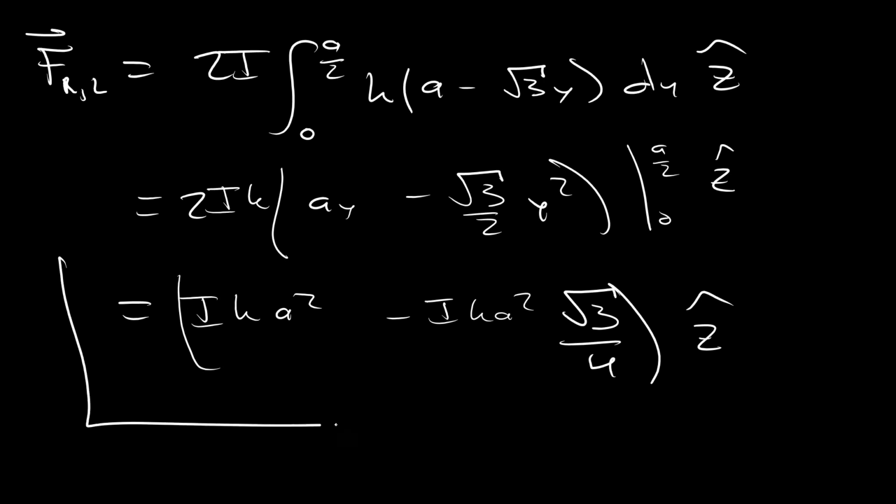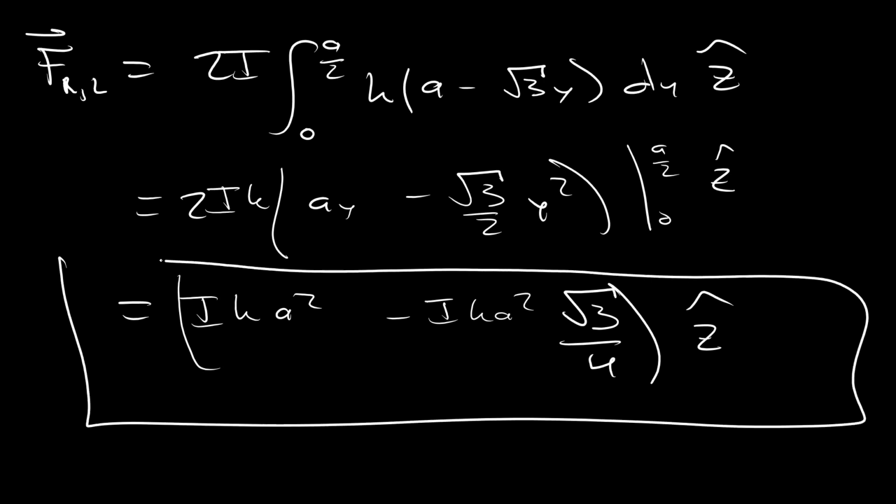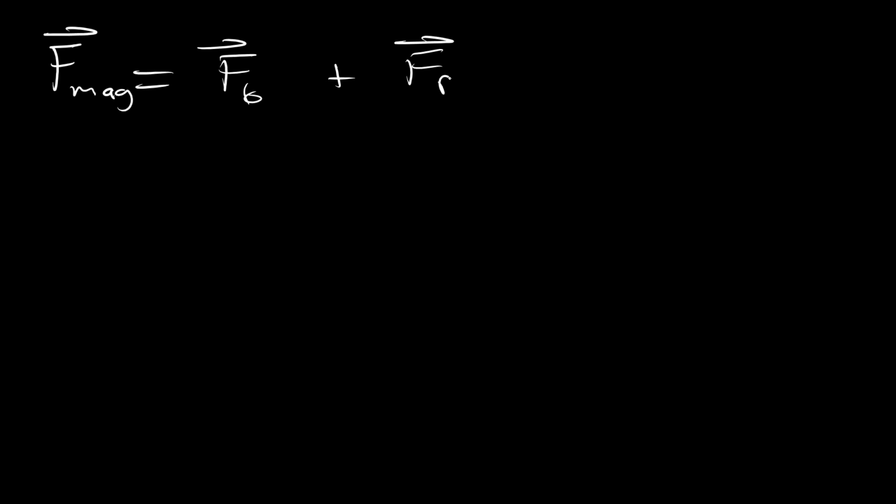Let's add them up, and then we will have our magnetic force. So our total magnetic force, F mag, is equal to the force from the bottom plus the force of our combined right and left integrals. So let's add these up.